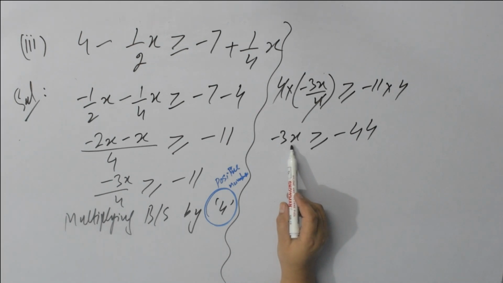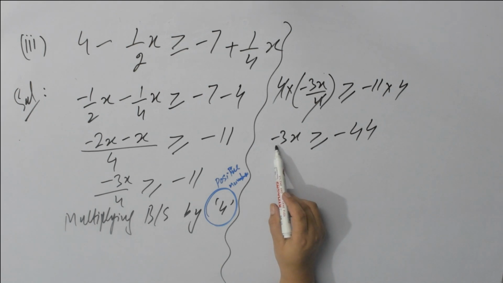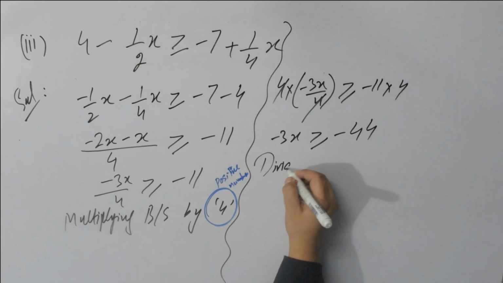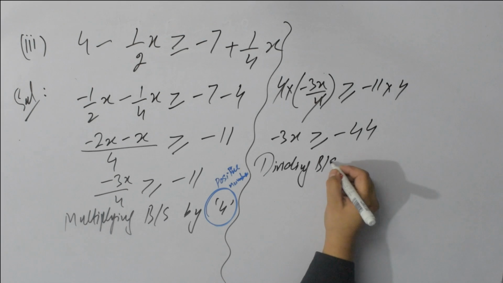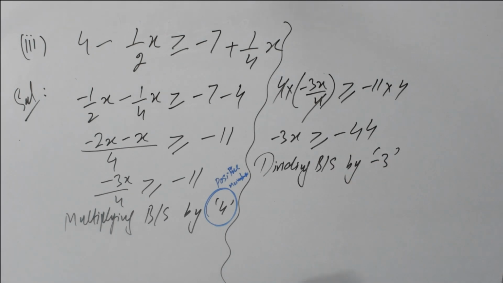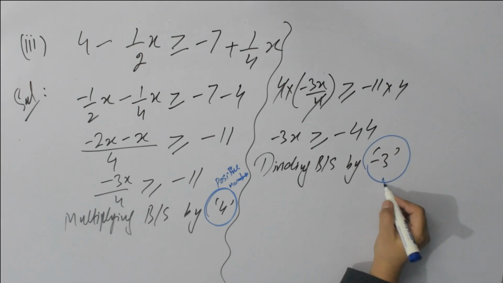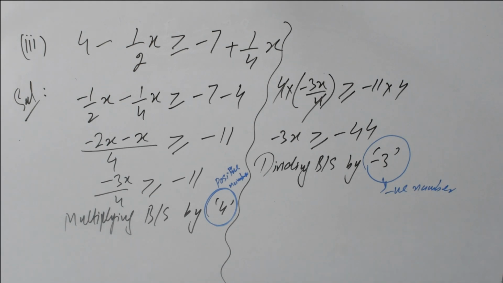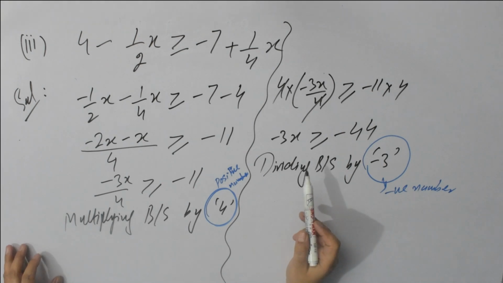Now it's the turn of isolation of x. See here x has coefficient -3, so you have to isolate it. Therefore I am dividing both sides by -3. And what about this? This is a negative number, okay. So be alert whenever you multiply or divide by a negative number. Why do you have to be alert?